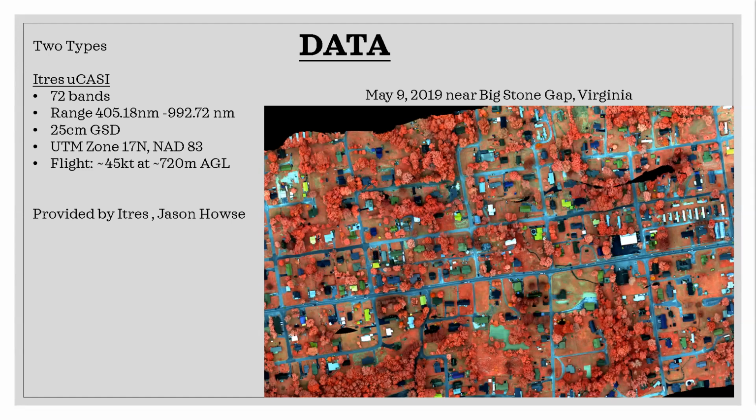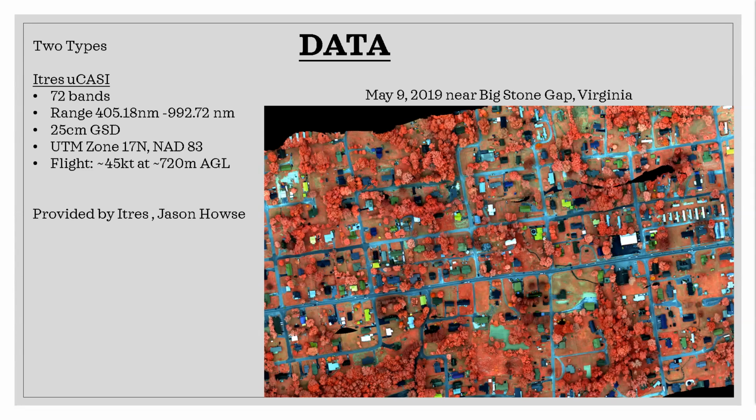So I secured 2 small scenes of spectral imagery that contain a very large amount of data. The first is from a Canadian company called Itris Research, and it was taken by their UCASI sensor. It is a 72-band image with wavelengths ranging from 405 to 992 nanometers.